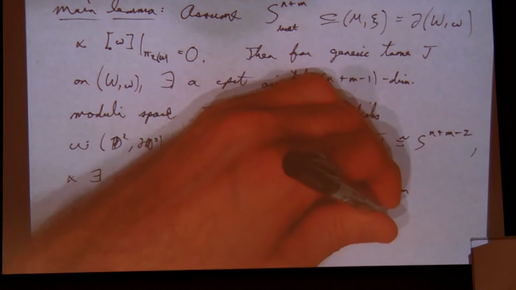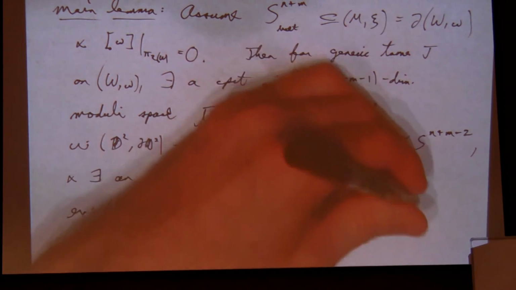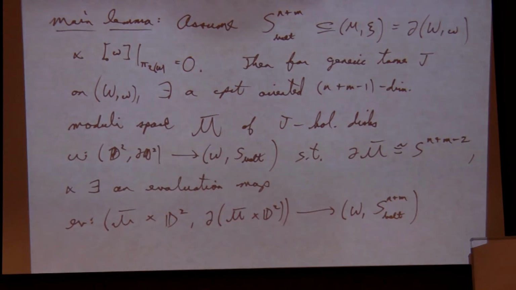And it's easy to show, basically by construction, looking at this product of the moduli space with the disk as a manifold with boundary and corners, that this sends the boundary to the belt sphere again. So we get a map to the filling with boundary going to the belt sphere.